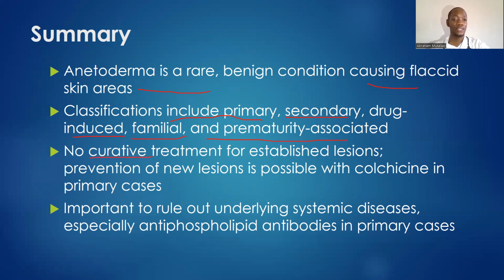There is no curative treatment, but you can try colchicine to prevent new lesions, especially if classified as primary, and if you can identify an underlying cause, you can treat it. Then you have to screen the patient for antiphospholipid antibodies and caution them about spontaneous abortions if they are female.